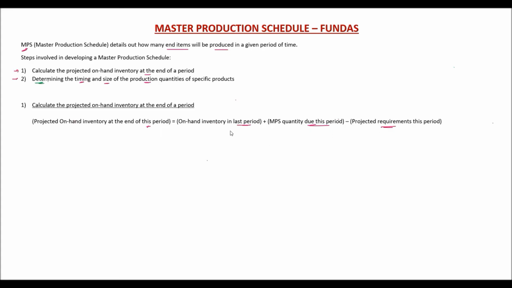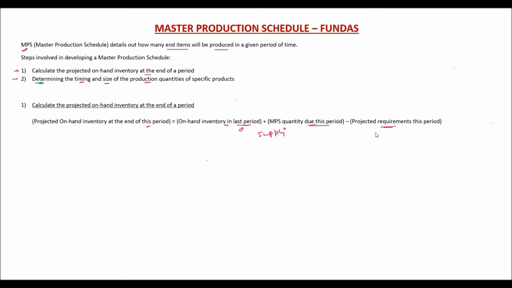So if you look at this formula, what this basically means, you are taking the inventory which is available at the beginning of this period or at the end of last period, adding it to the MPS quantity that you are going to receive in this period. So basically this and this together is your supply available. And then you are subtracting the projected requirement this period.